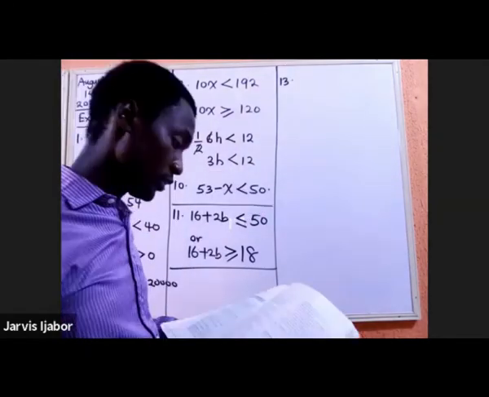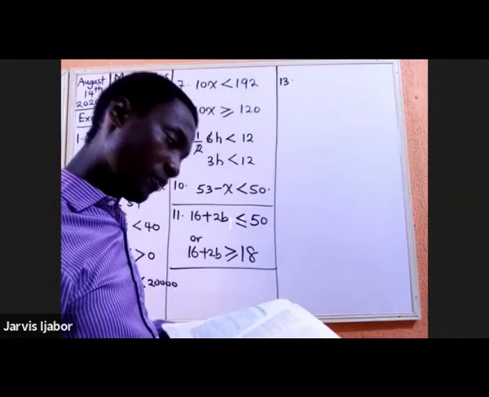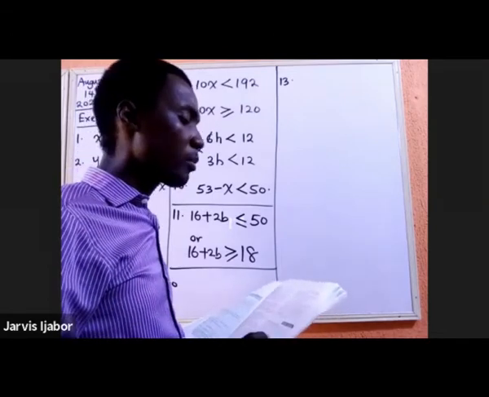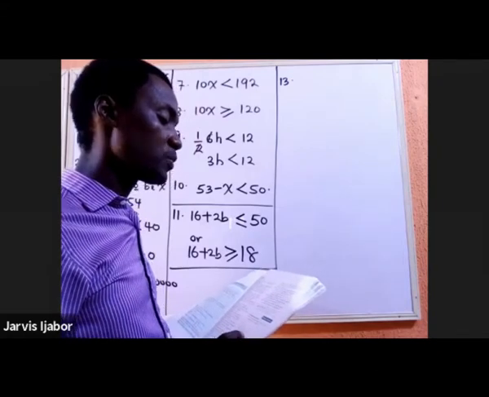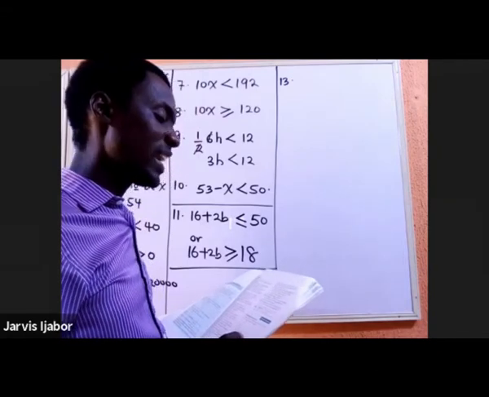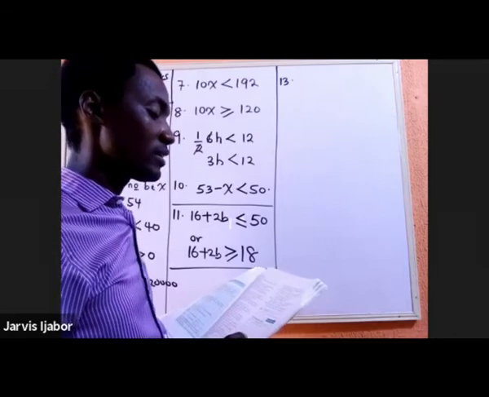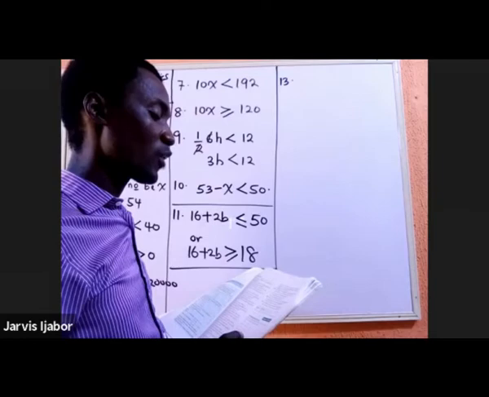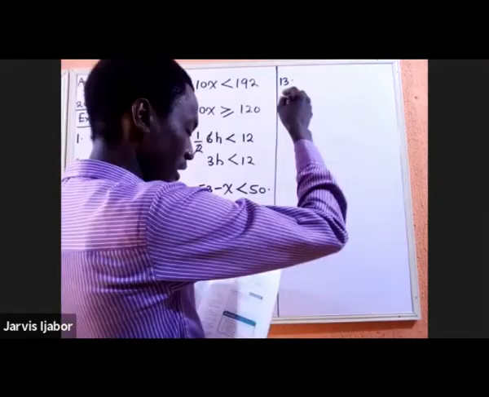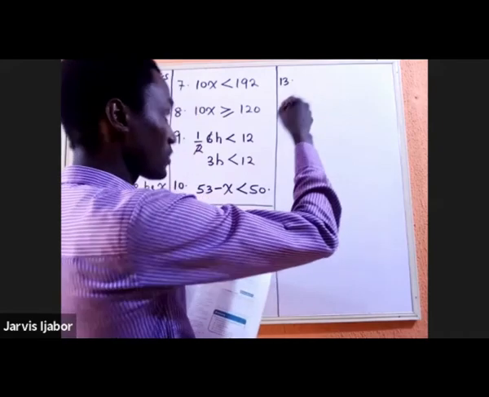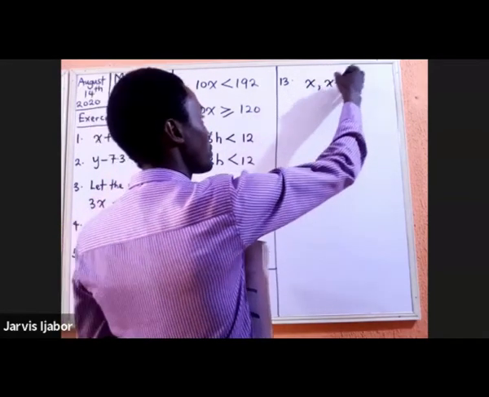All right, question 13. Okay, beautiful. There's a hint here. I didn't read that. The sum of the lengths of any two sides of the triangle must be greater than the length of the third. Okay, beautiful, this has helped. What are the sides? You are giving x, x plus 3, and 10.